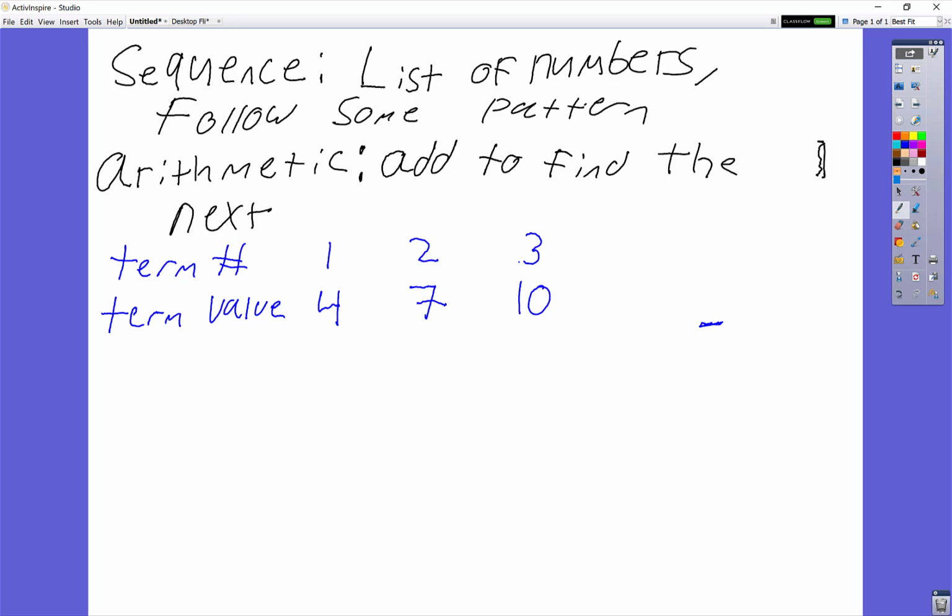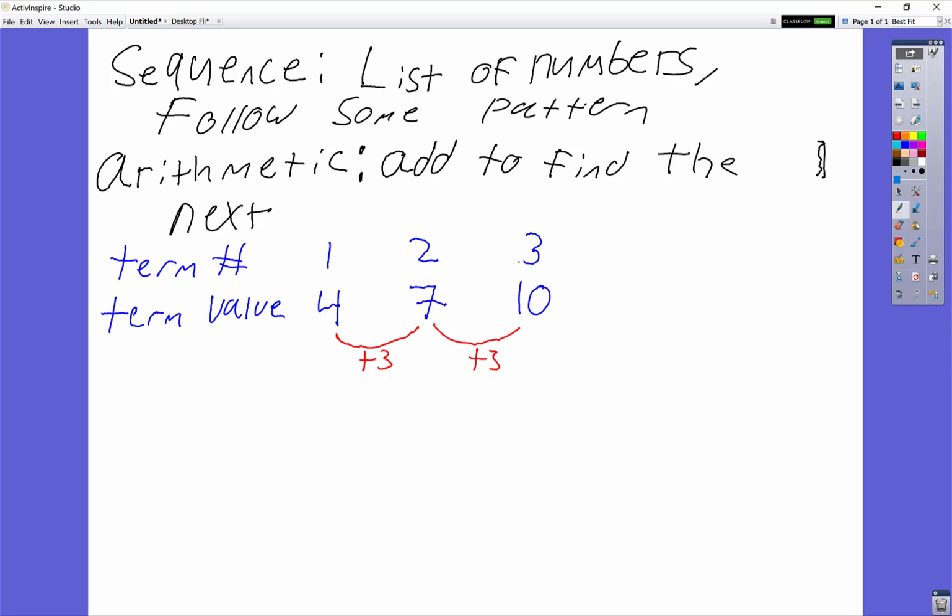This is an example of an arithmetic sequence because you just add by 3 each time. So plus 3, plus 3.